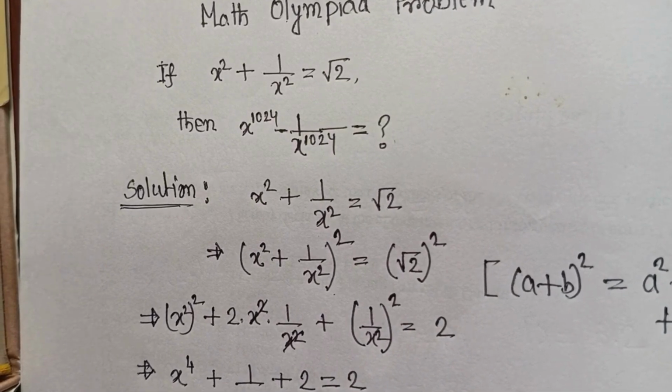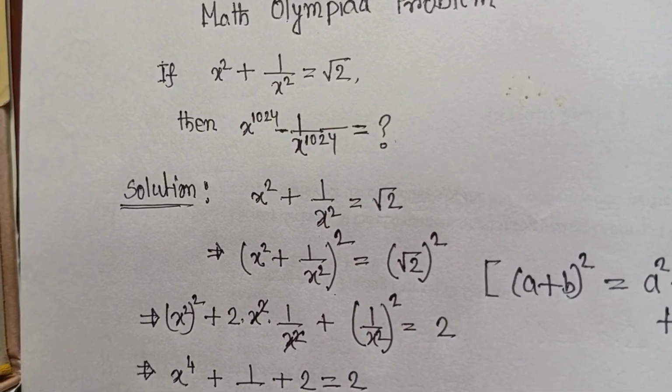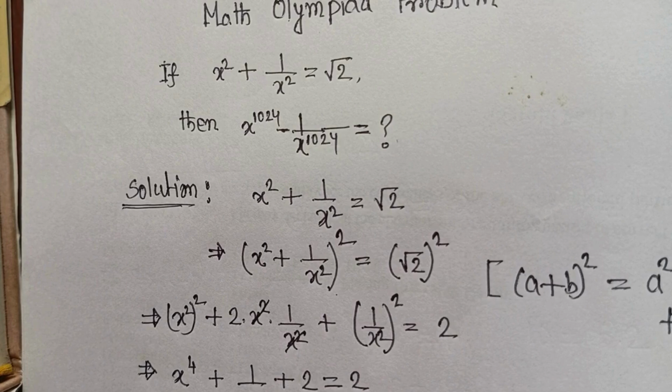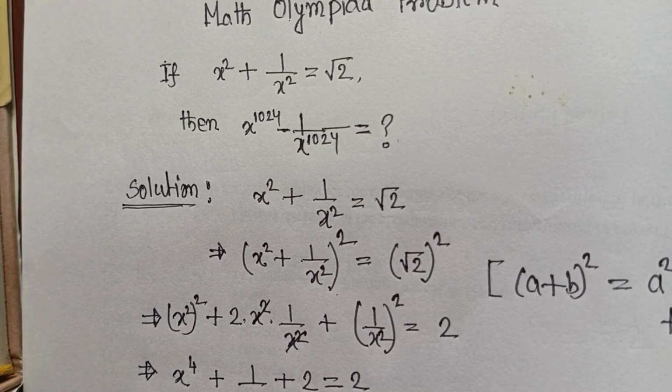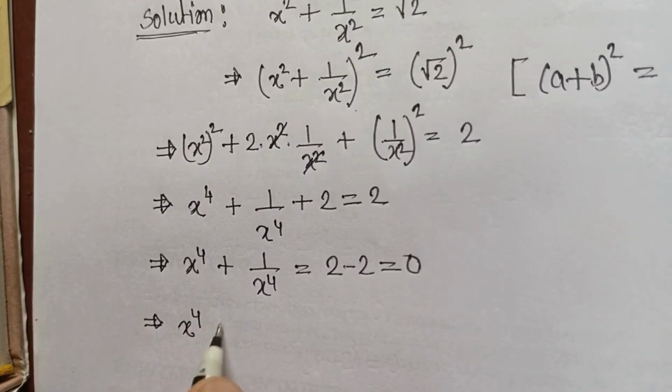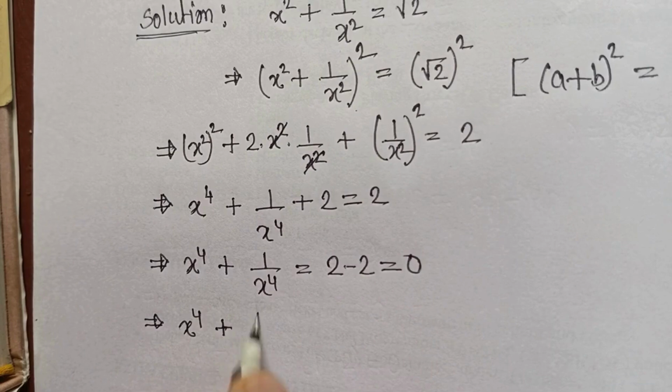Now if we move that 2 to the right hand side, the equation becomes 2 minus 2 equals 0. That is x to the power 4 plus 1 by x to the power 4 equals 0.